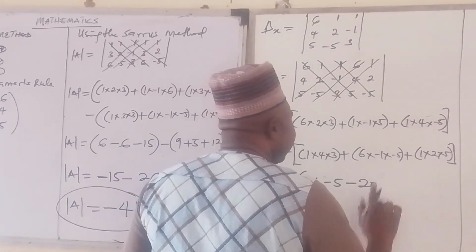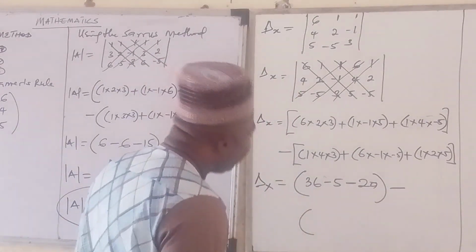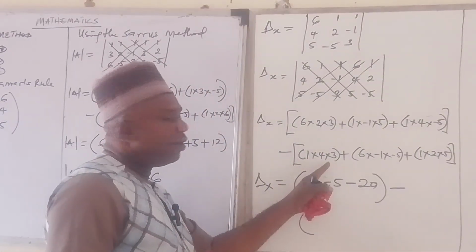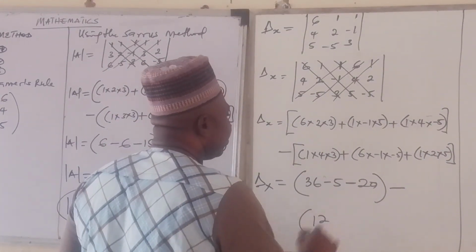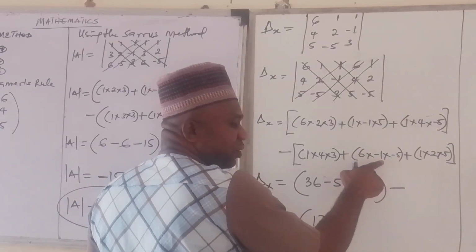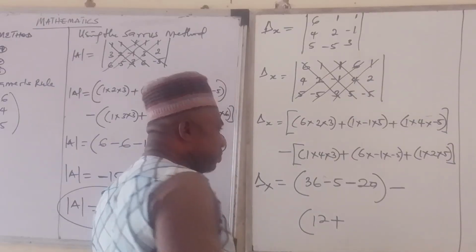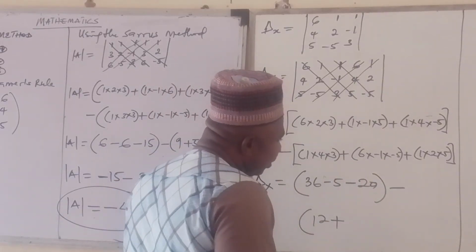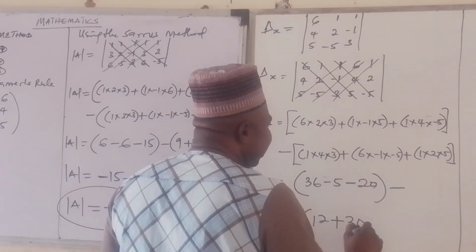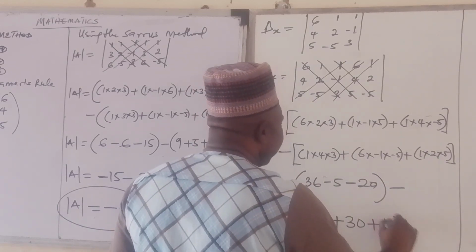Now the whole of this, minus. Then we come down. Here we have 1 times 4 is 4, 4 times 3 is 12. So we have 12 plus 6 times minus 1, which is minus 6. Minus 6 times minus 5 is plus 30, because minus times minus is plus. Then here we have plus 1 times 2 times 5, that will give us 10.